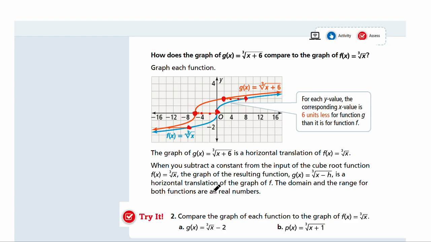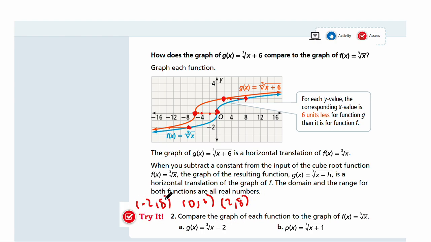Okay, are you ready? So part A, if you look at the equation, you can easily tell by identifying the values of h and k. But here, you can also graph it one by one, or you can compare the points, right? In your parent function, your original points are 0, 0, and then 2, 8, negative 2, negative 8.